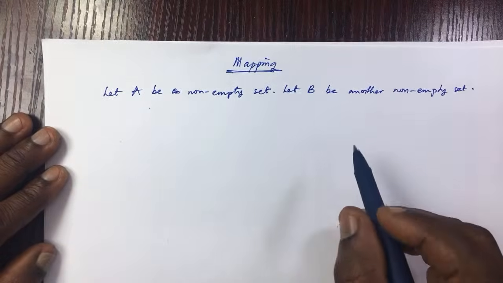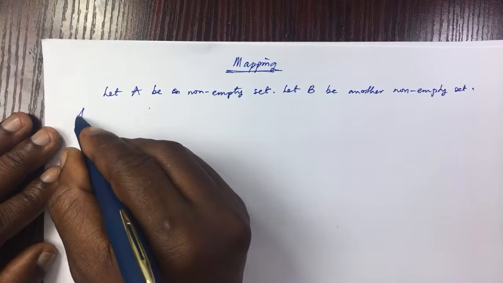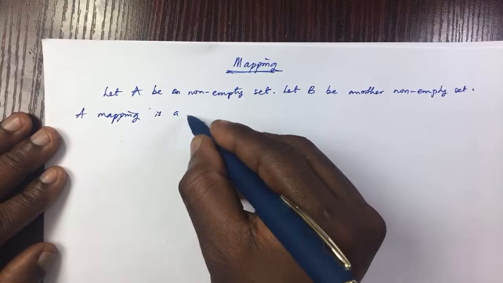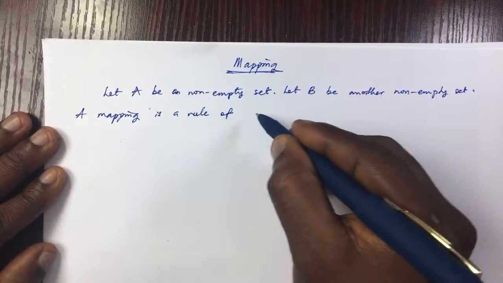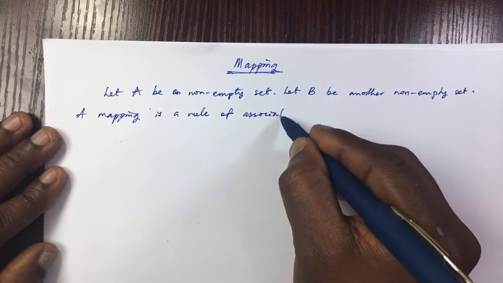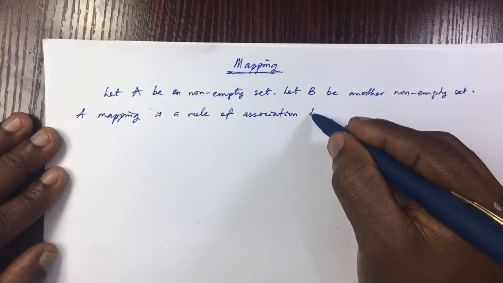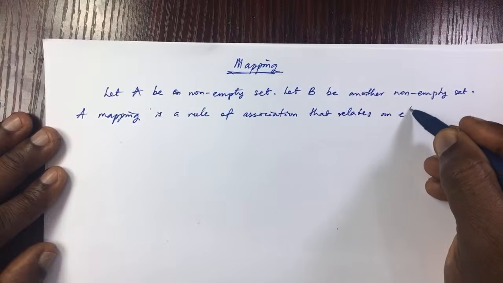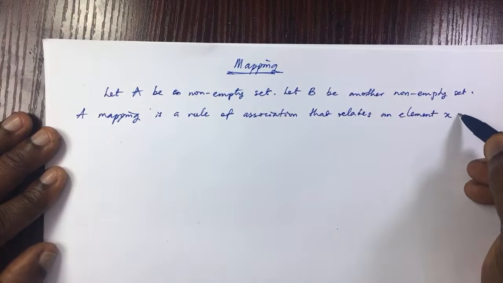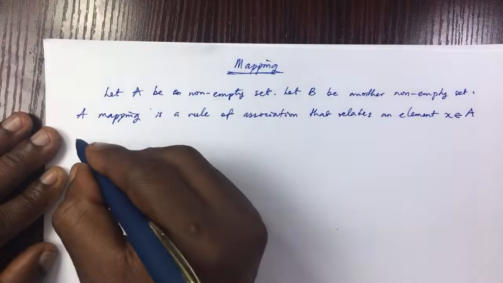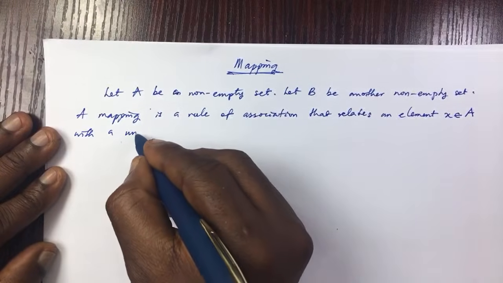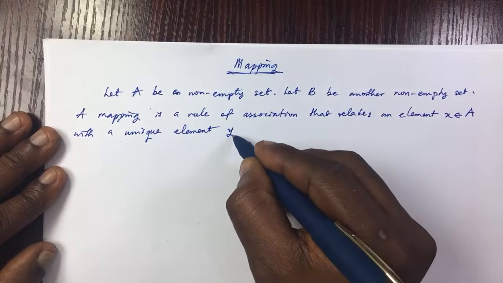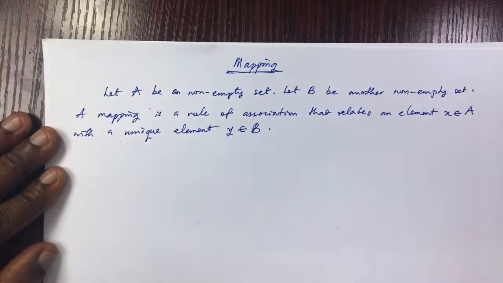If A and B are two non-empty sets, then a mapping is a rule of association that relates an element X that is a member of A with a unique element, say Y, that is a member of B. Okay?